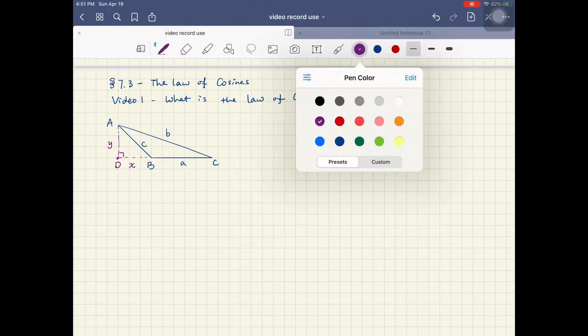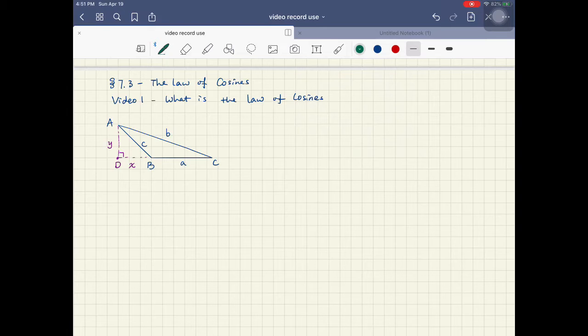To make it easy to use the sine and cosine values, I'm going to say B has the coordinate 0, 0. That means I'm able to draw the X and Y plane on top of point B. Then we have the following.